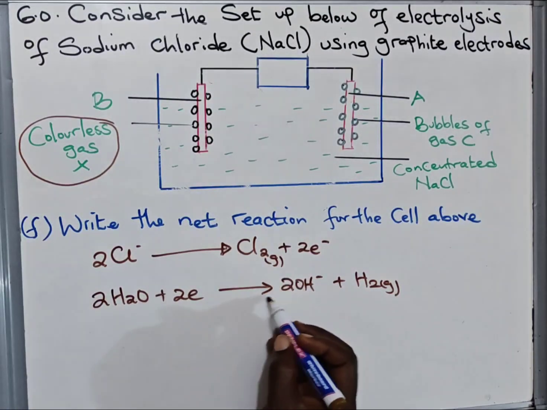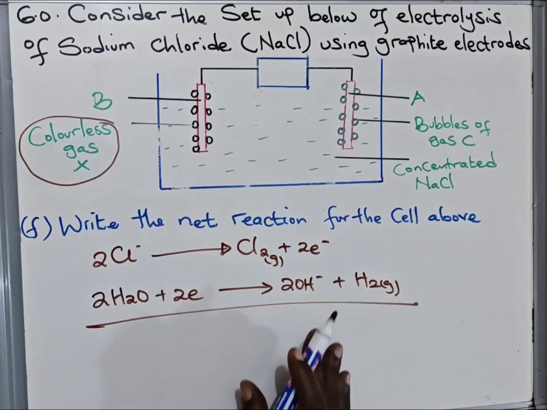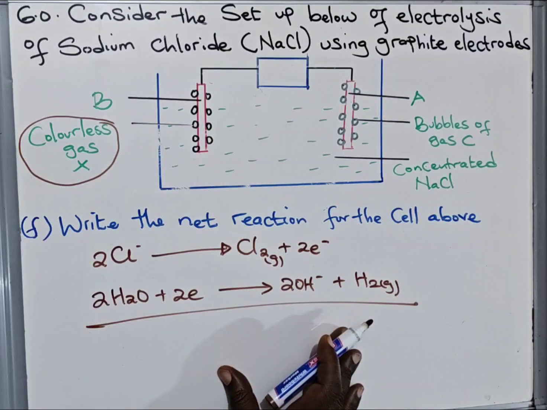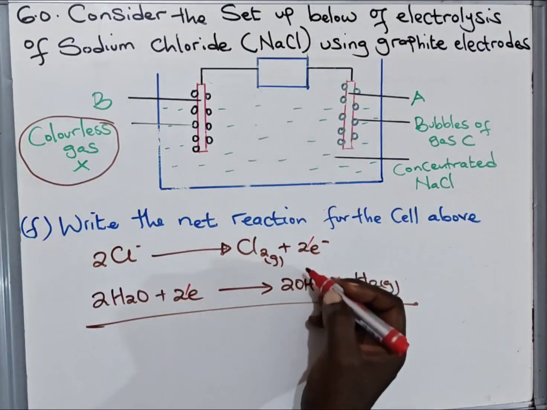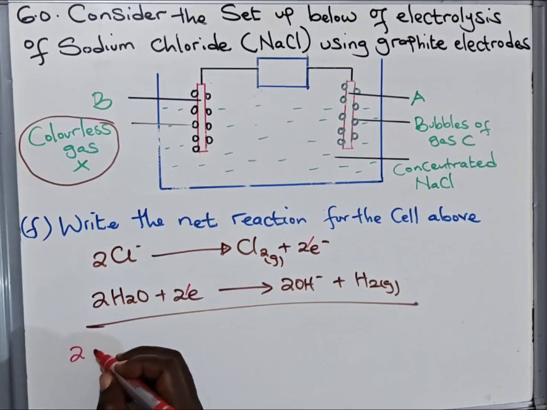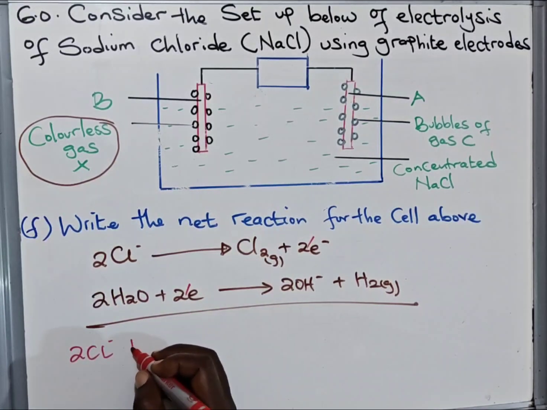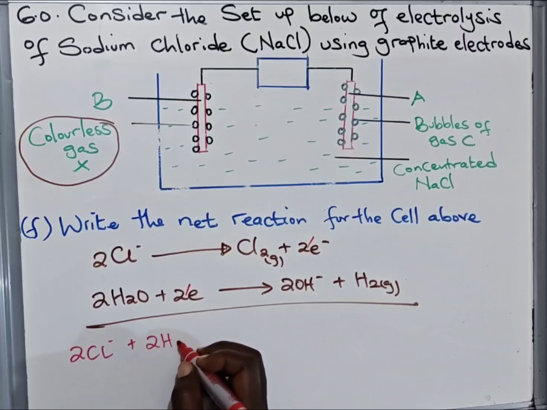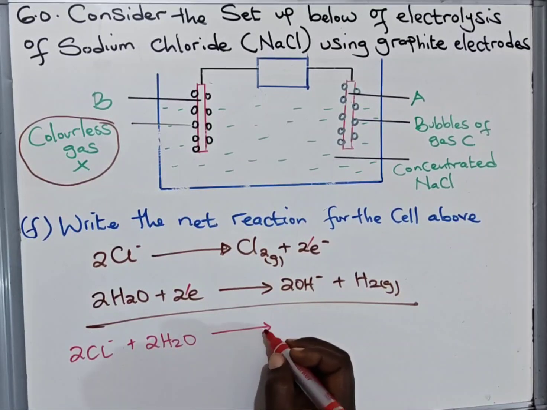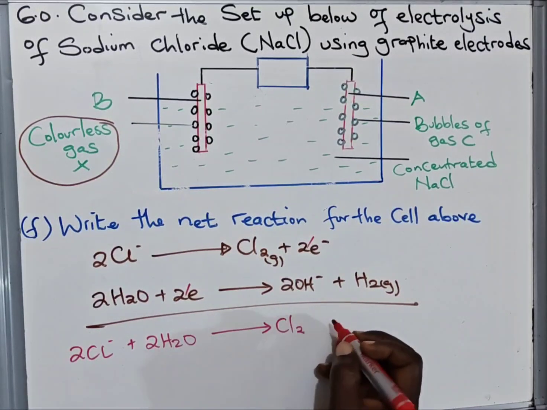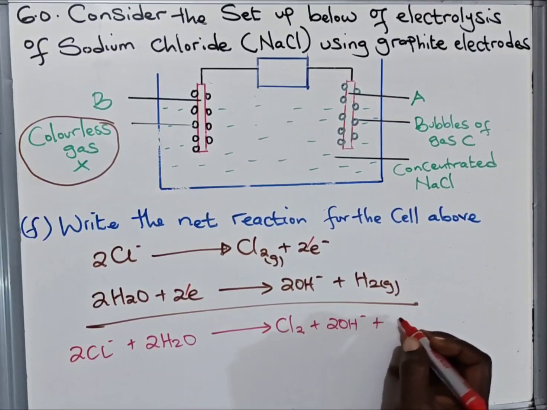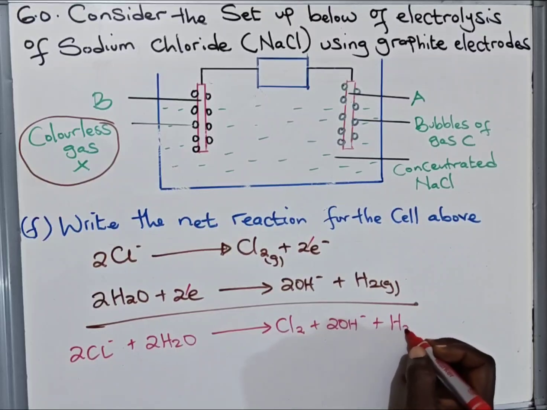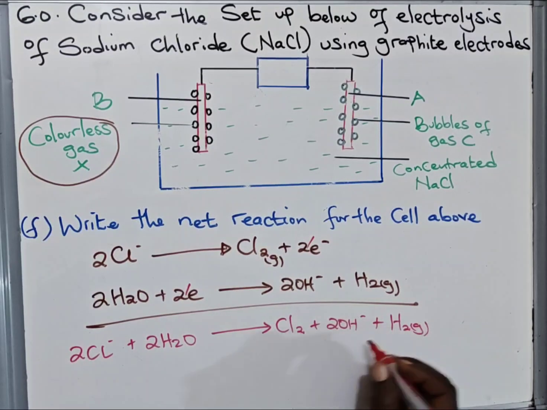Now the net reaction is obtained by adding these 2 reactions. And what do we get here? We cancel electrons, and you get 2 chloride ions plus 2 water, giving you chlorine, plus 2 hydroxide, plus hydrogen gas.